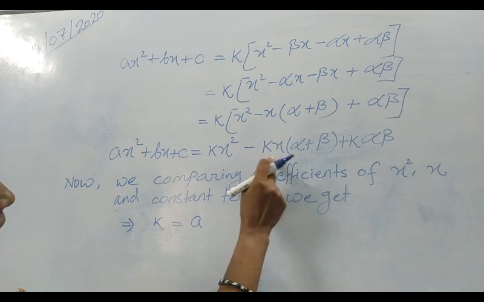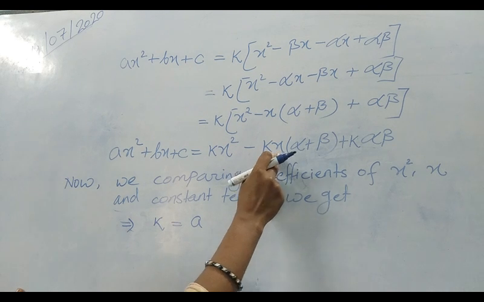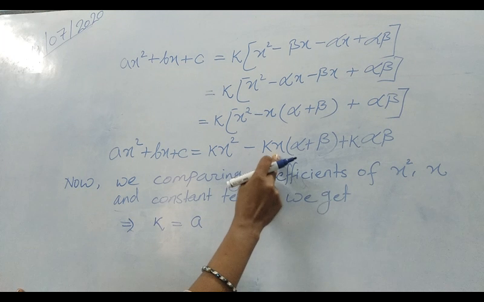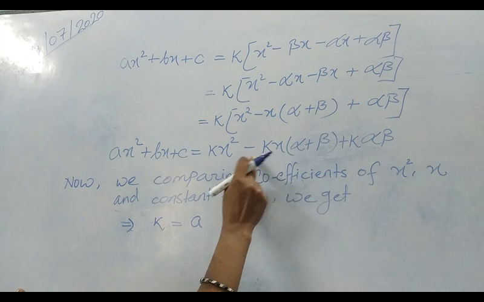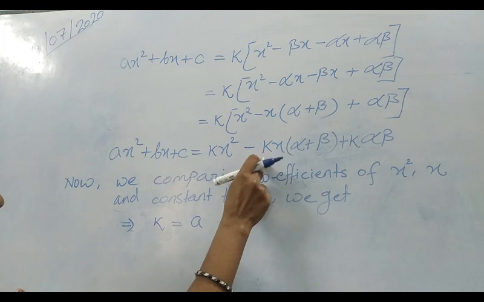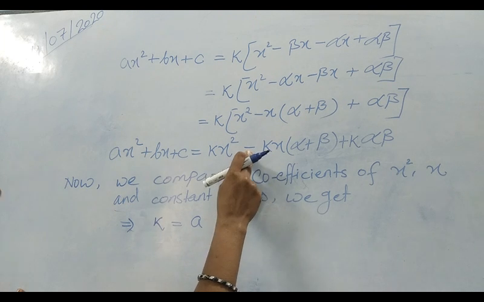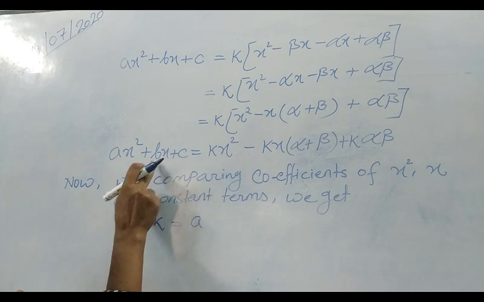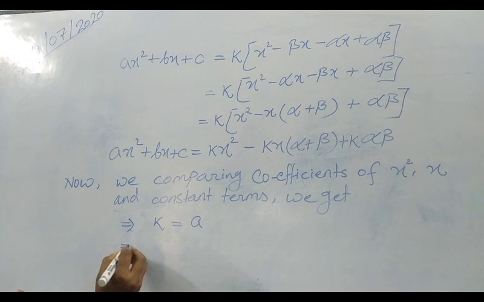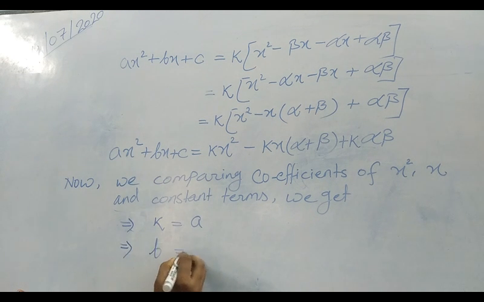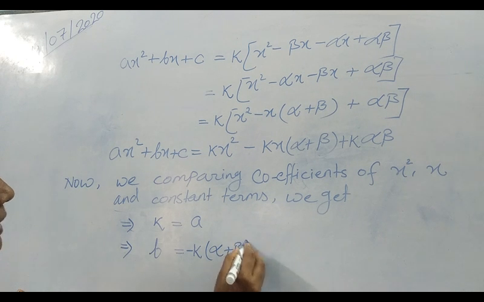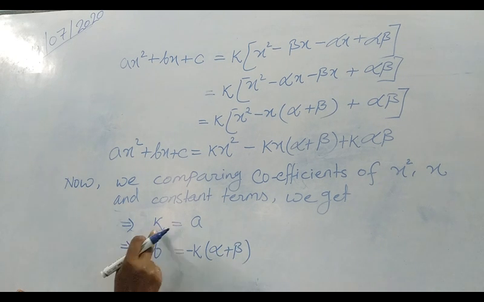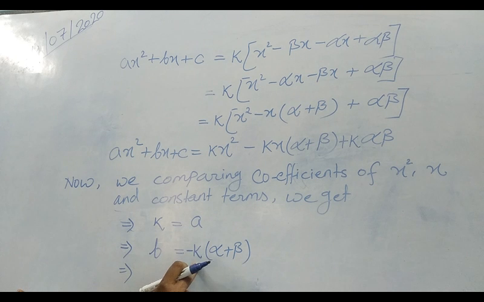And compare the coefficient of x from both sides. Here the coefficient of x is, x के अलावा जितने numbers यहाँ दिख रहे हैं वो सभी इसकी coefficient हो जाएंगे along with the minus sign. और यहाँ x के साथ b है, that means what we have, b is equal to k minus k alpha plus beta. That means put the value of k from here, which is a.